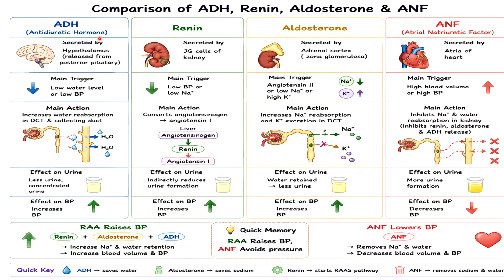Now this ADH is released by the hypothalamus, renin by the juxtaglomerular cells, aldosterone by the adrenal cortex, and ANF by the atria of the heart. The main function of ADH is reabsorption of water from the DCT and collecting duct. Renin leads to formation of angiotensin 2, which is a powerful vasoconstrictor, and it leads to the increased GFR.